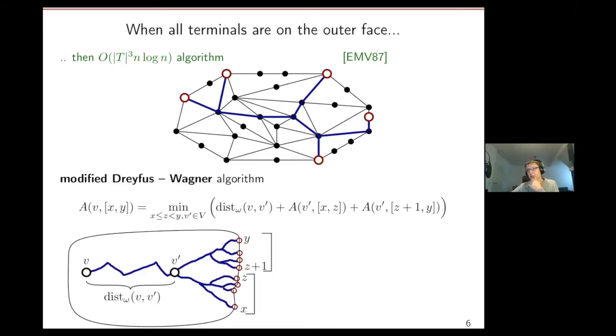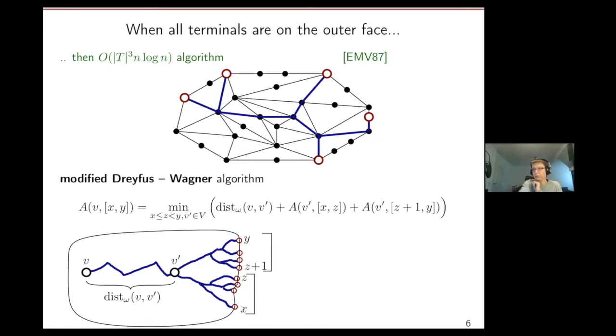All you need to do is to modify the Dreyfus-Wagner algorithm. Actually, you will not need to look at all subsets of the terminals in this case. The reason is that if I look at the outer face and number the terminals on the outer face according to this cyclic ordering, then what you can observe is that if I take a root somewhere in the solution tree, then the descendants of any given vertex of the tree will form a subinterval of the terminals.